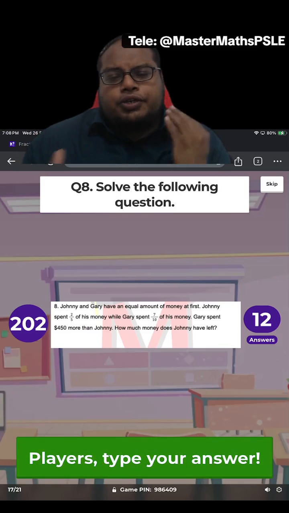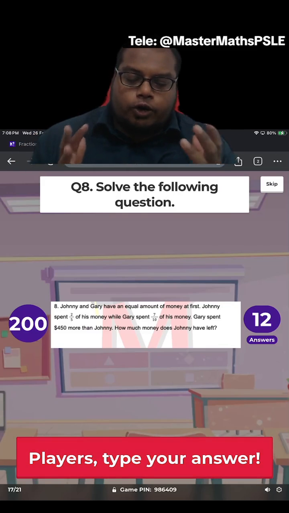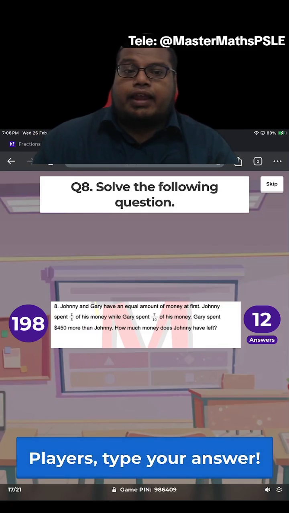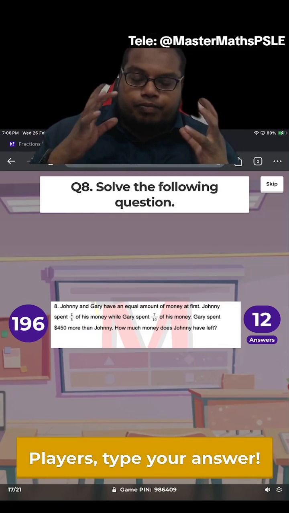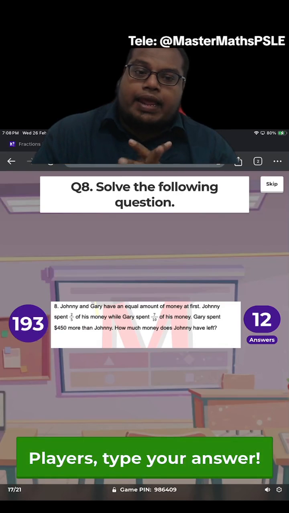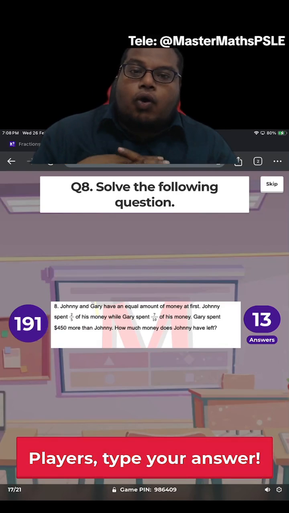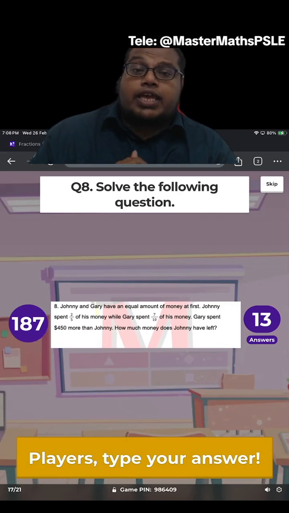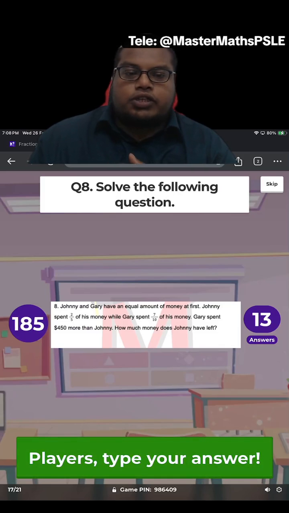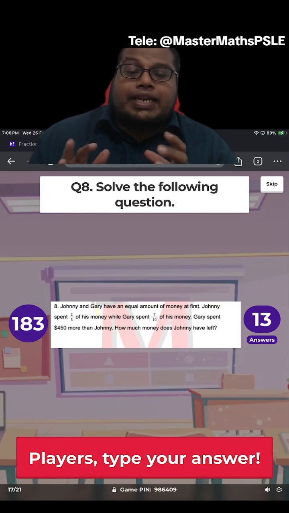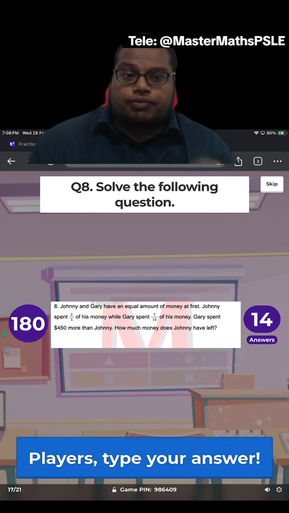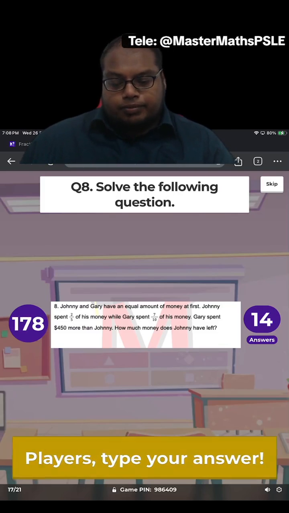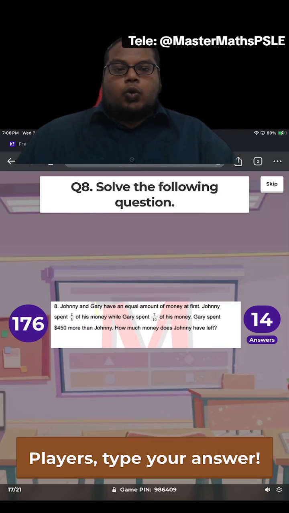So now we are interested in the units, or the fraction of money that is spent. The difference in the amount of money spent is $450. And how much money does Johnny have left? So it's asking for the amount of money that Johnny has left.